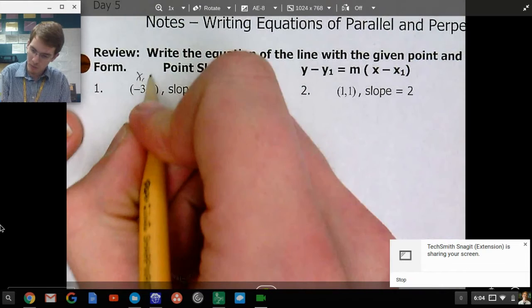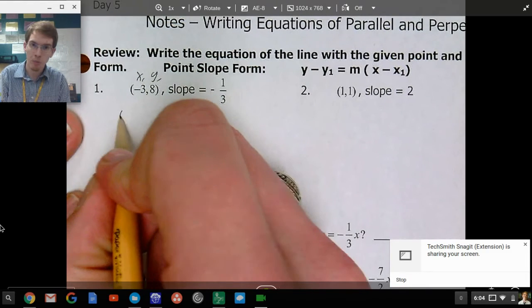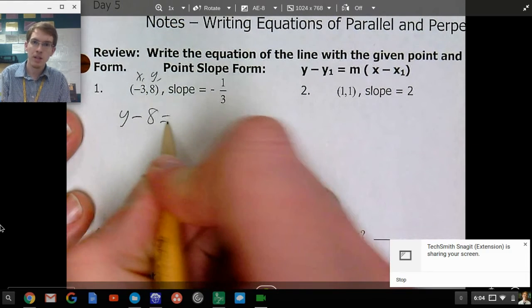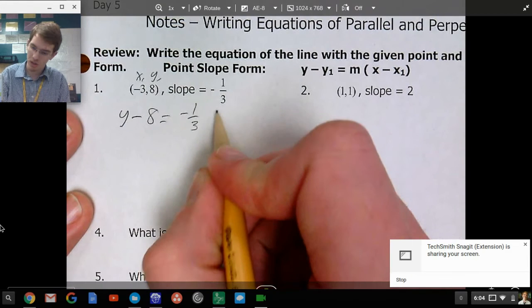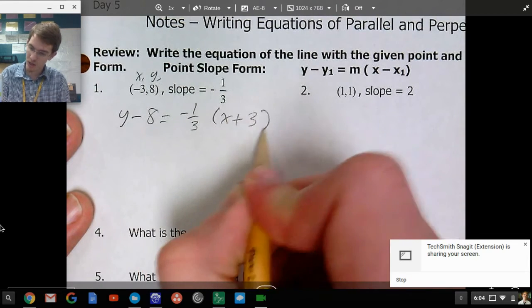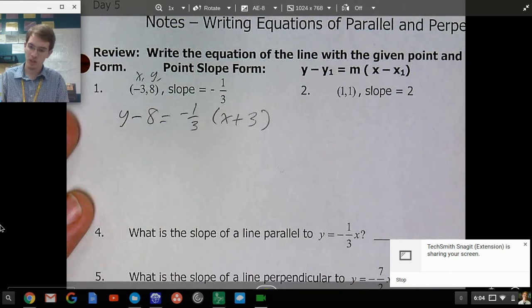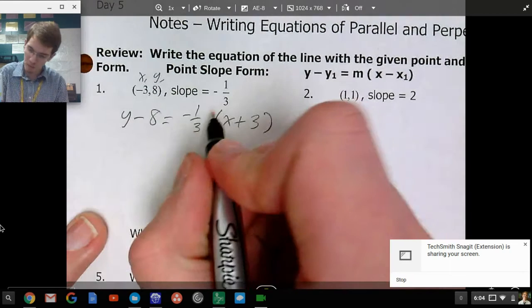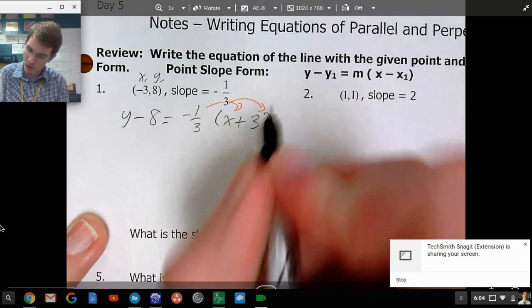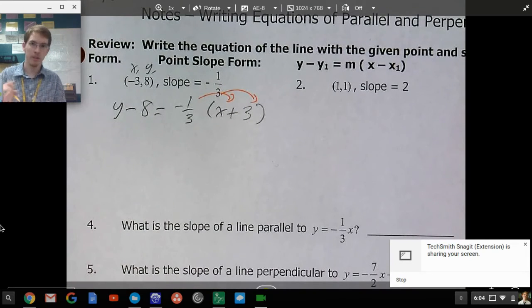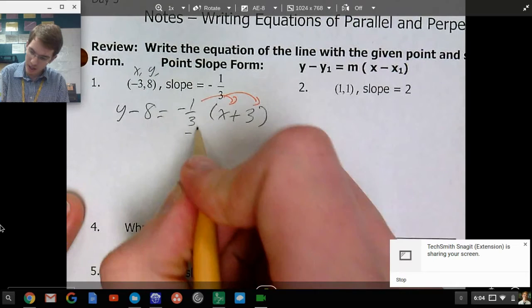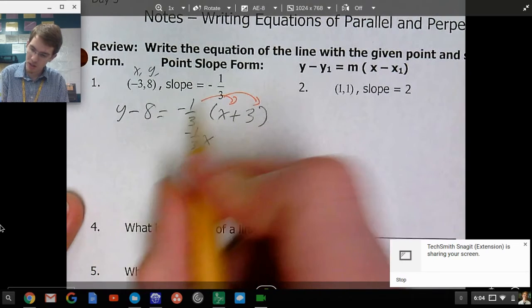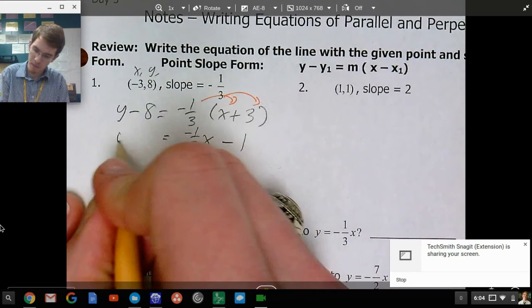So x1, y1. And so we should have y minus 8 equals negative 1/3 times x plus 3, minus a negative 3. And now to get that into slope-intercept form, we distribute. So negative 1/3 times everything in there. So we get negative 1/3 x minus 1.